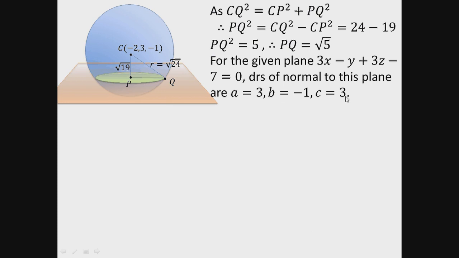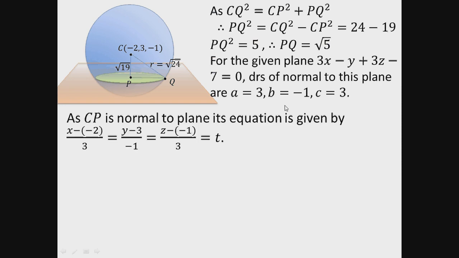The coefficients of x, y, z are nothing but the DRs. So we know one point on this line and we know the DRs of this line, so we can get the equation of that line. It will be x minus 2 divided by 3, equal to y minus 3 divided by minus 1, equal to z minus of minus 1 divided by 3.